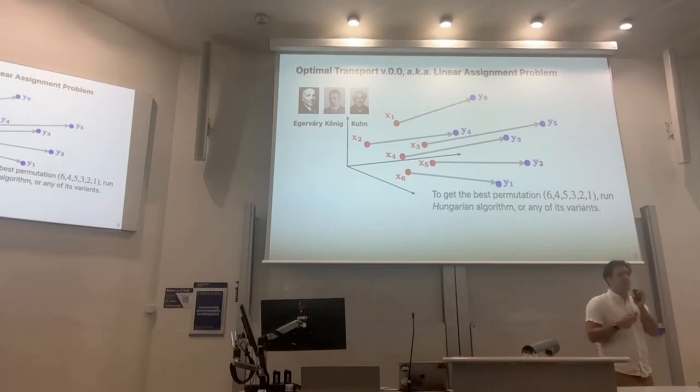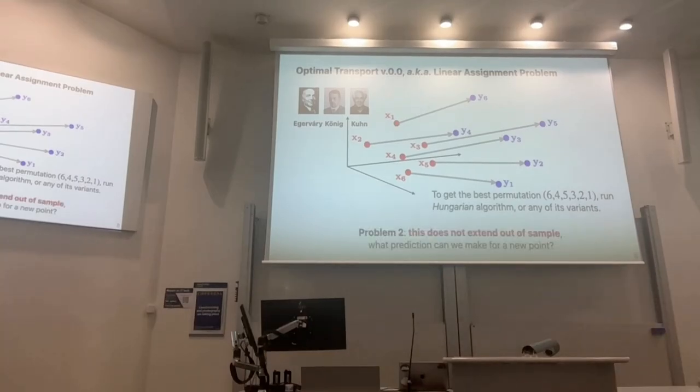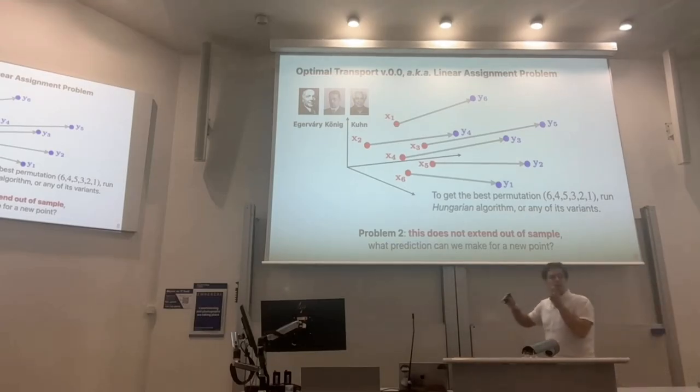The second problem, which I think is the most important and which we will see a lot in this talk, is that this doesn't extend out of sample. This is like a blueprint of original optimal transport, but it already has a lot of limitations that we're going to try to fix. So what do I mean by it doesn't extend out of sample?